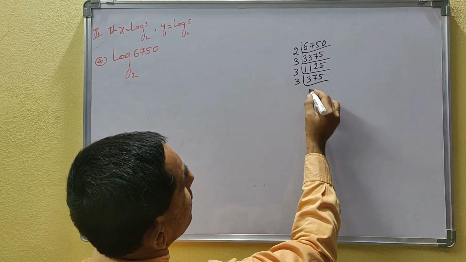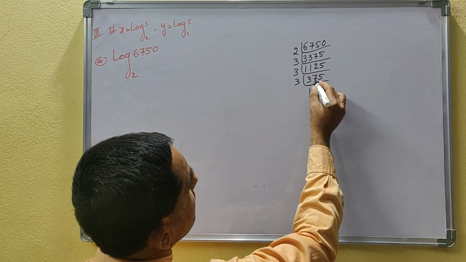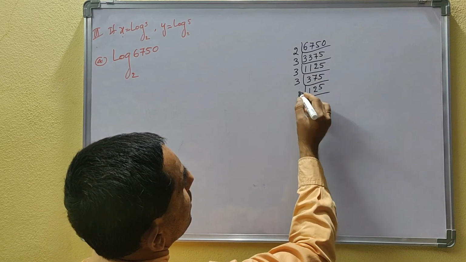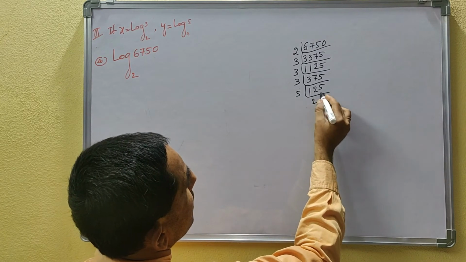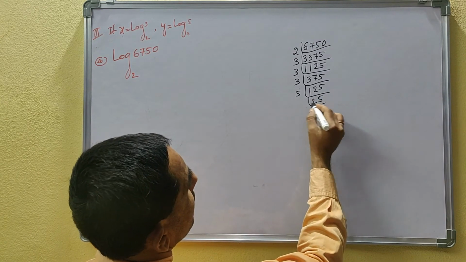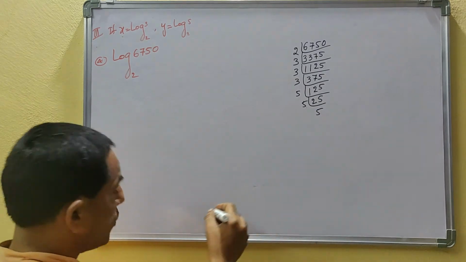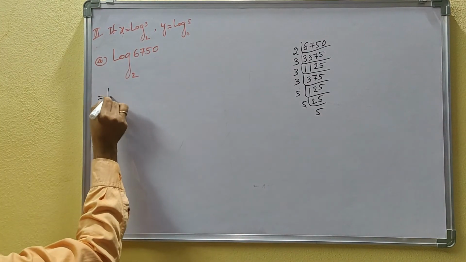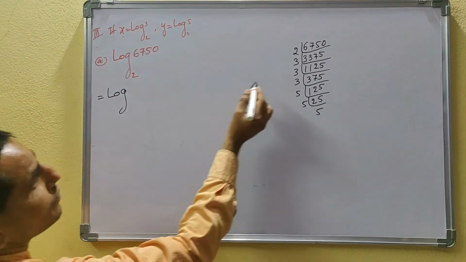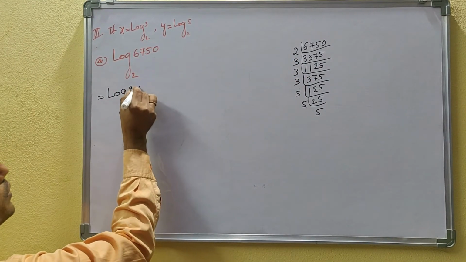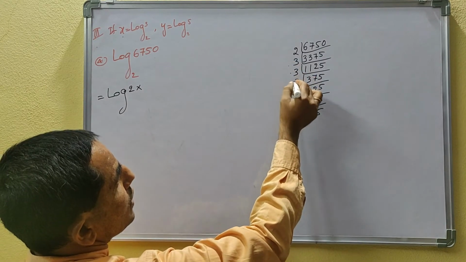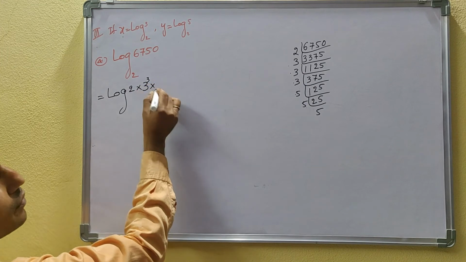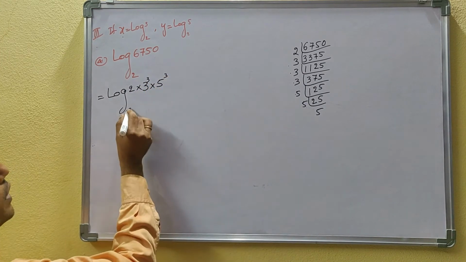Next again 3 table. 3 2s are 6, 3 5s are 15. Next 5 table. 5 2s are 10, 5 3s are 15, again 5 5s. So here 6750 can be written as, in the place of first only single 2, 2 into 3 cube, 3 cube into 5 cube base 2.